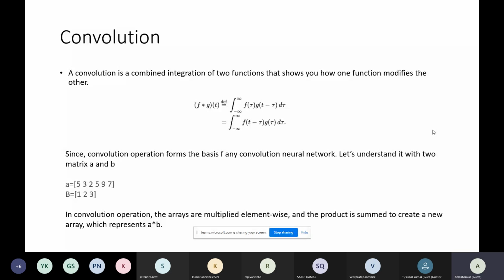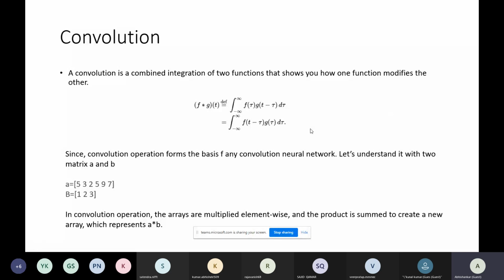You have a function f which is convolved with g, and it is defined as the integral from minus infinity to infinity of f of tau, g of t minus tau d tau. Tau is nothing but a running variable here, and g of t minus tau is the mirror image of the above function.